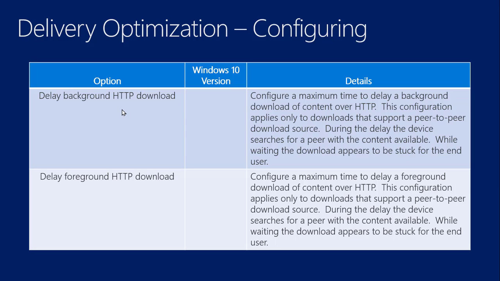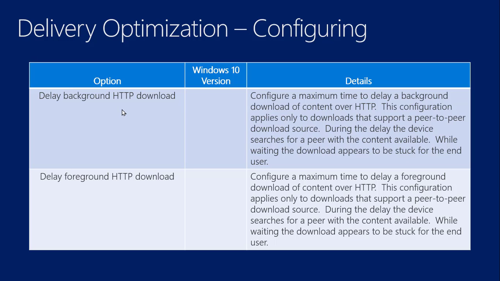The caveat with this is while your device is waiting to try to find a delivery optimization peer, it will look like that device is hung waiting, right? And it is waiting. It's not hung. It's just counting down before it goes and fails over.